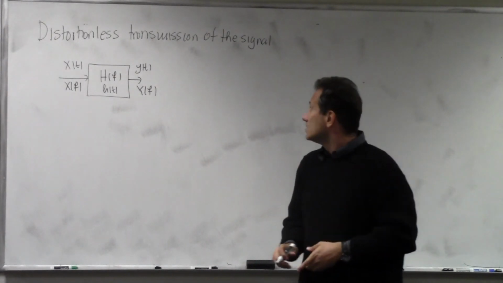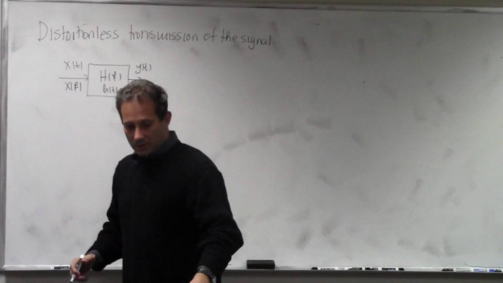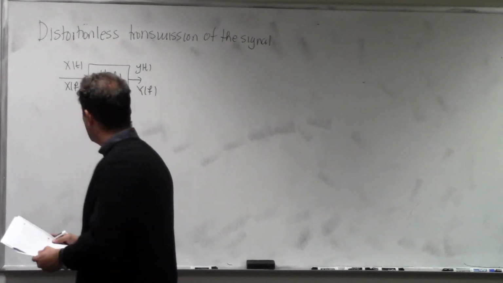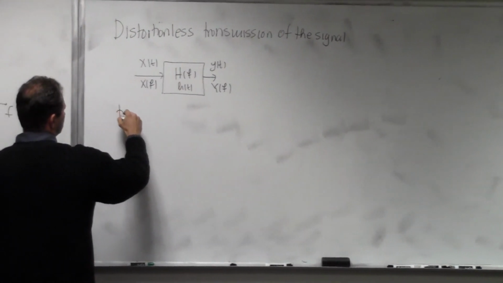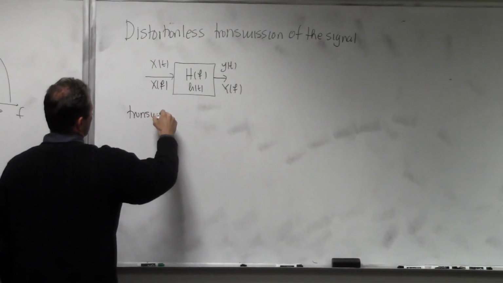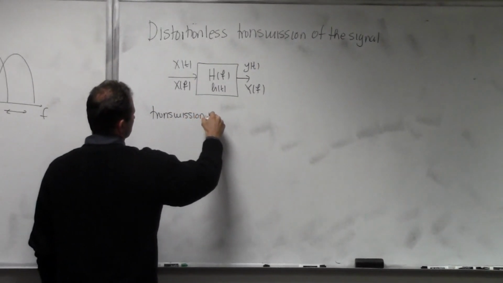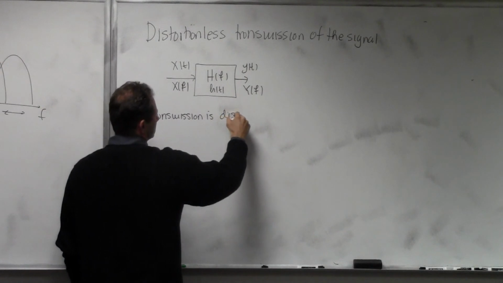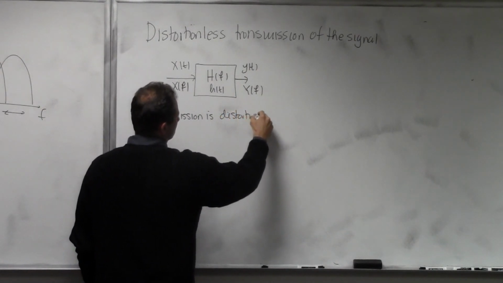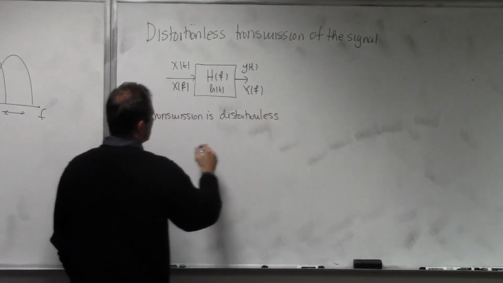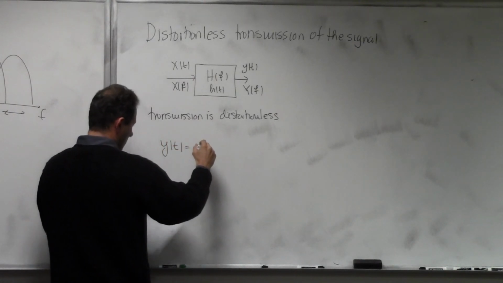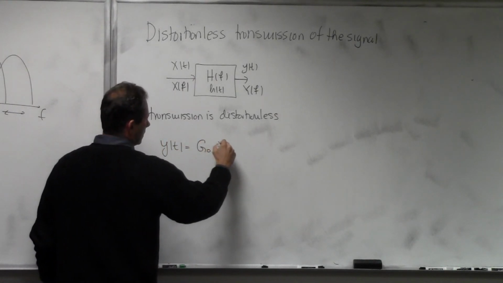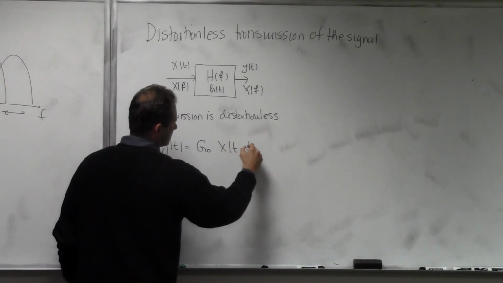So the short answer to this long question is we say that the transmission is distortionless if y of t is equal to some gain times x of t minus t0.